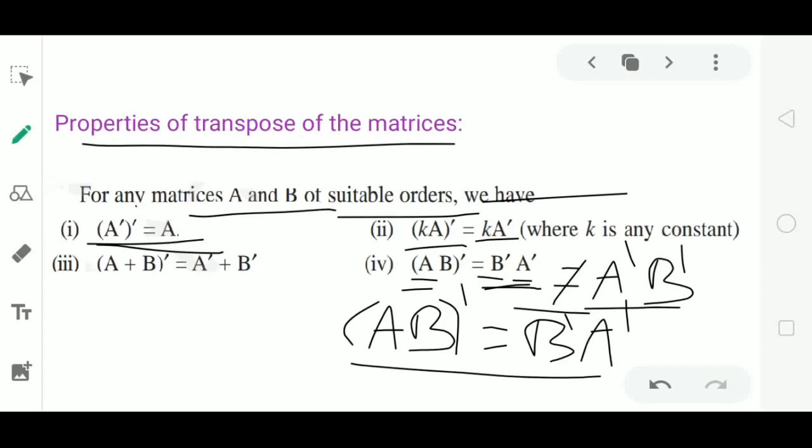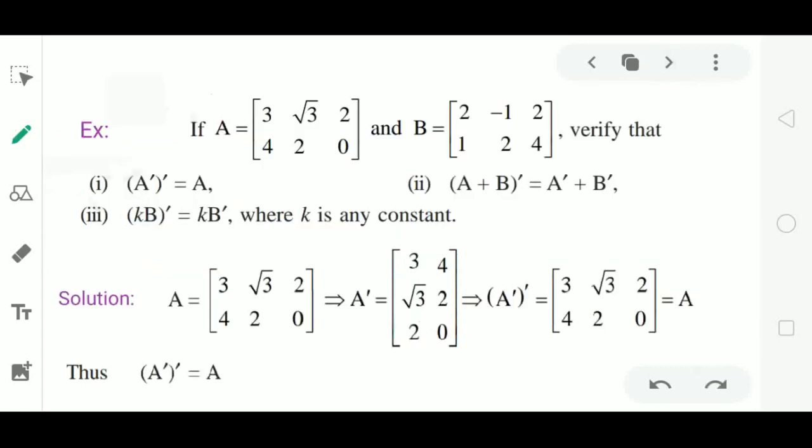Let us solve some examples on this. We have matrix A of order 2 by 3 and matrix B is of order 2 by 3. Now we have to verify that A dash whole dash equal to A, first property of transpose of a matrix.